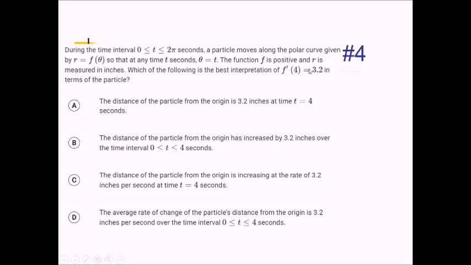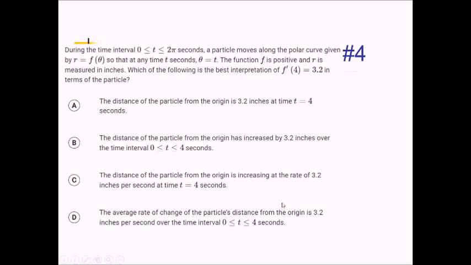And they're saying that 3.2 is that rate of change. Now, that's happening at time 4, because we said that theta and t are the same thing. So when I'm doing f of a number, you could think of it as f of some time. So at time 4, the distance from the origin is changing at 3.2, whatever the units are. I guess it would be inches per second.